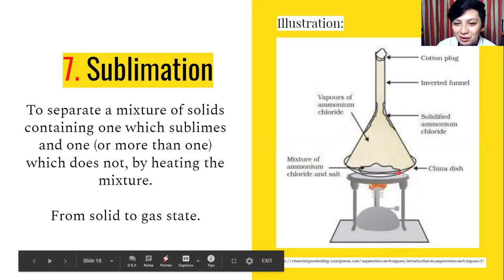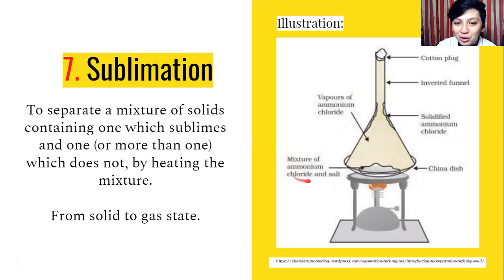These are the mixture of ammonium chloride and salt, and then the vapors of ammonium chloride. You will see it here, and then we have the flask, and then the solidified ammonium chloride. So we already separated that part with the use of sublimation. We also apply heat in this process.